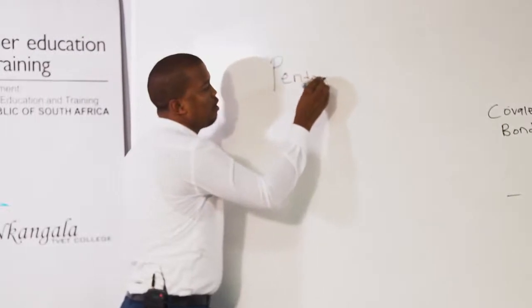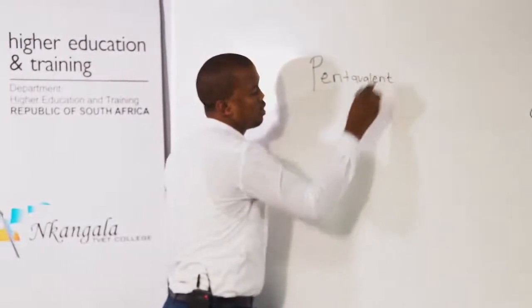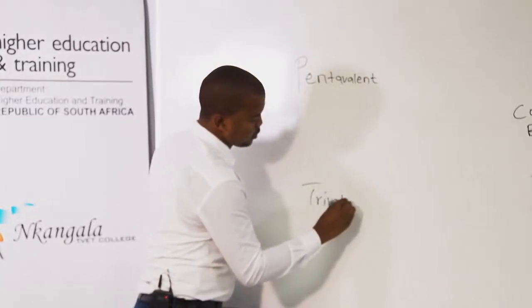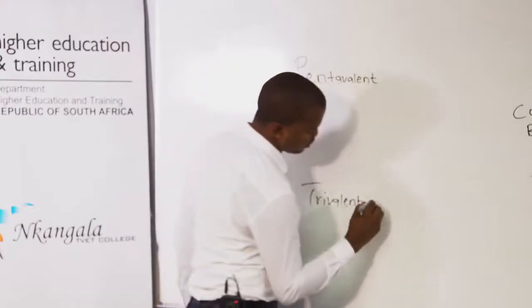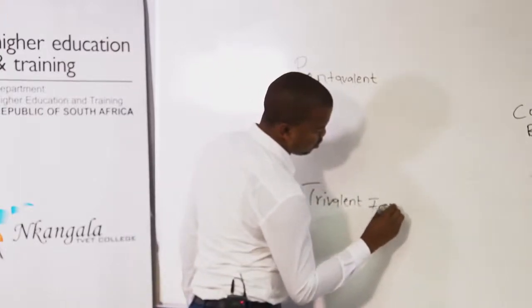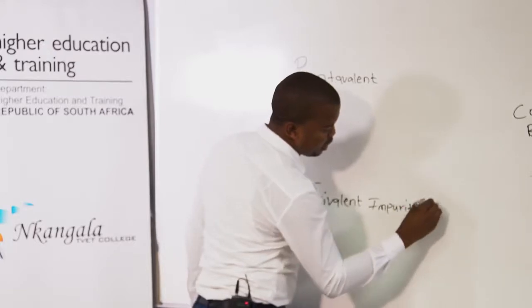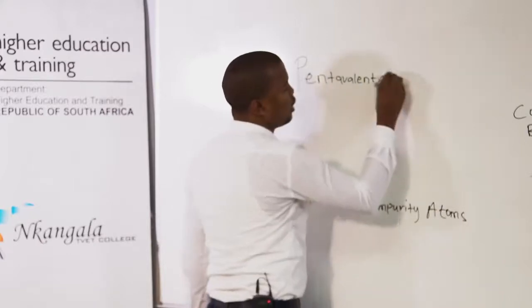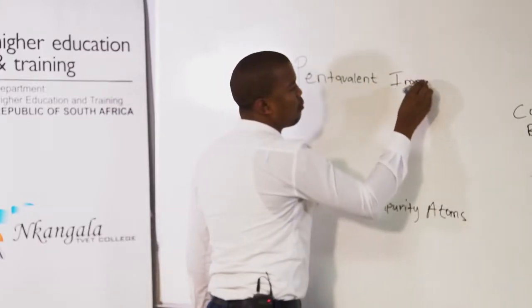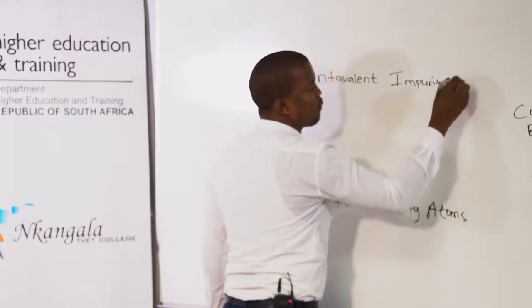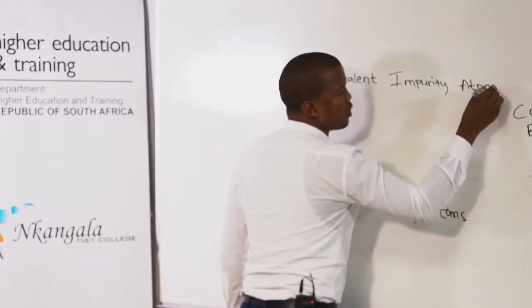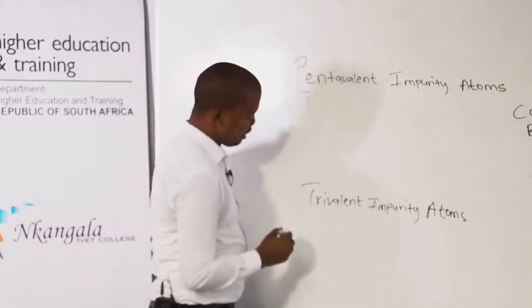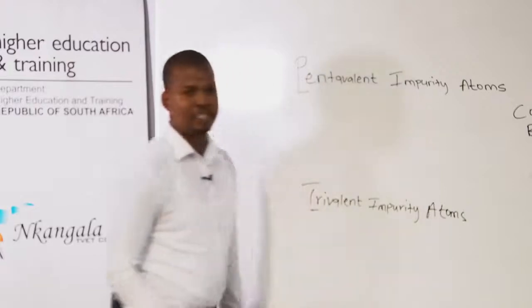A pentavalent and a trivalent impurity atom. If you can check, here is a pentavalent, here is a trivalent.